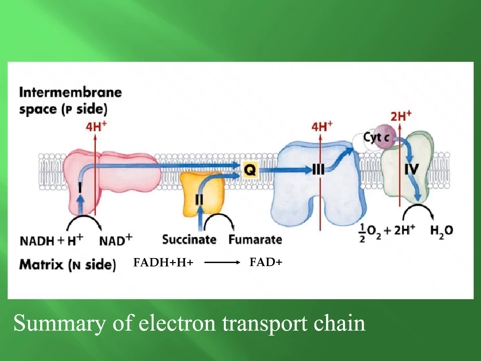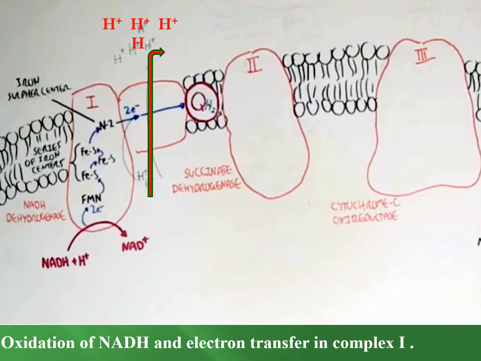Here we can also see that with the oxidation of one NADH molecule, 4 plus 4 plus 2, that is 10 H ions are transported, whereas with the oxidation of FADH, 4 plus 2, that is 6 H ions are being transported. And this we are going to discuss in detail while calculating the ATP count of NADH and FADH.